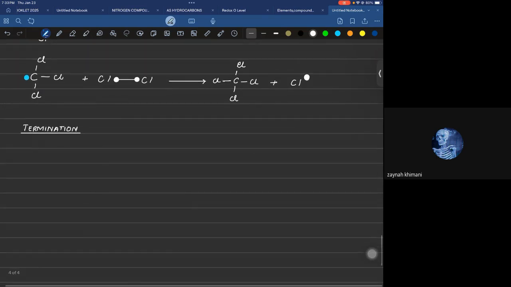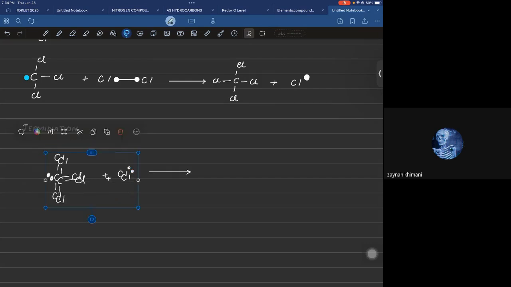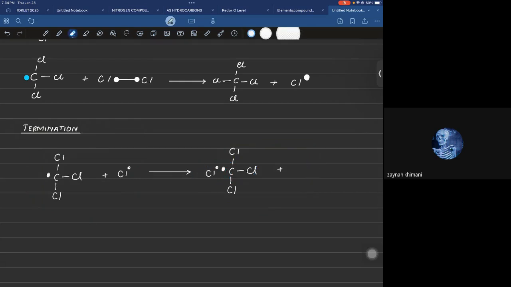So finally, you can combine any two radicals. Let's suppose I'm going to combine this and this. This is radical, this is also the radical. When they join together, you can see this chlorine and a new bond is formed.